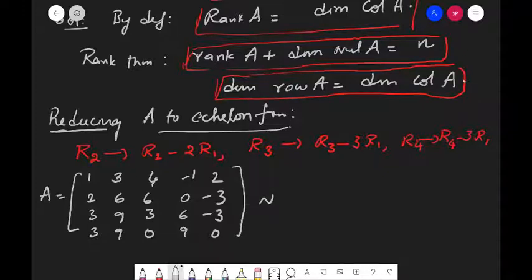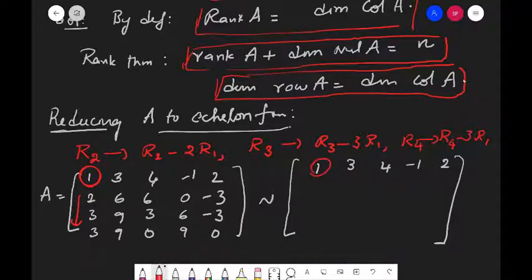After we apply these transformations, this is the pivot position, and we are changing the entries below it. So the first row is 1, 3, 4, minus 1, 2, and this is the pivot that we are using. Then R2 minus 2 R1: 2 minus 2 is 0, 6 minus 6 is 0, then 6 minus 8 is minus 2, and then 0 minus of minus 2 is plus 2, and minus 3 minus 2 into 2, minus 4, is minus 7.